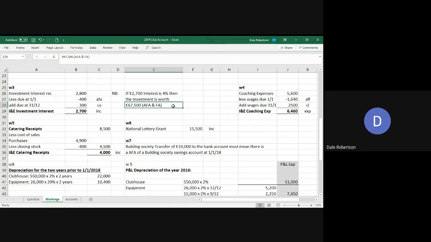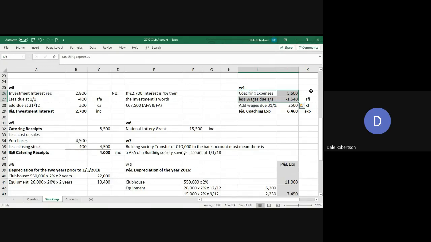The next thing, which is due or prepaid in the top sentence, well, there is wages due of 1,640 in the top sentence. Now, note number 8, the very last note of the question, says the wages due at the start of the year were owed to the club coach. So that is enough information to allow me to do this under the coaching expenses.